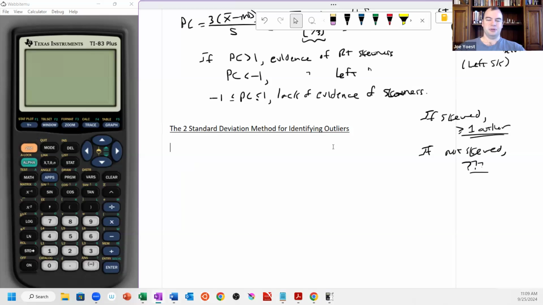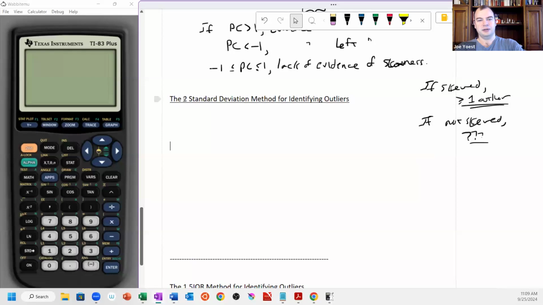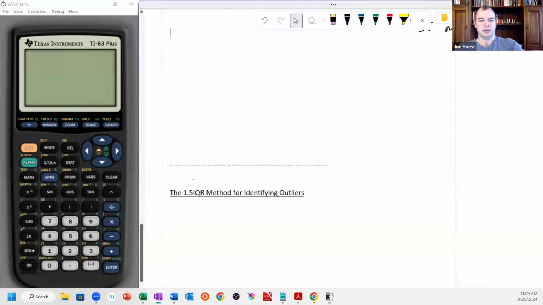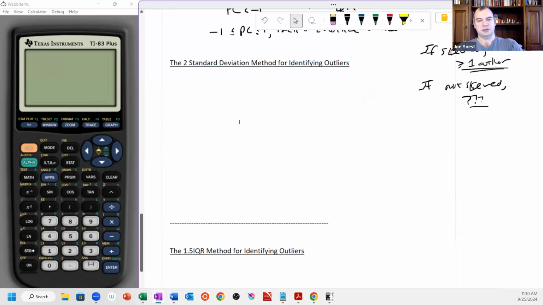So we have many ways to answer this, but a couple that we'll talk about. The two standard deviation method, which is kind of a quick and dirty method that works most of the time pretty well. But it has a few downfalls, or well, maybe one particular downfall. So we might want to use something that doesn't have that downfall, and that's where the 1.5 IQR method, or just sometimes it's just called the IQR method, comes into play.